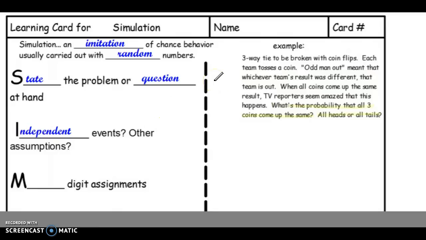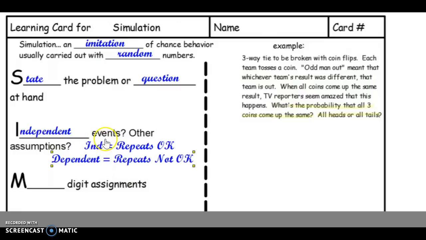If they are independent, then what we can say is that repeats are okay. I'll say that again: if the two events are independent, then repeats are okay. It's okay if you get the same number again when you are going through your simulation. If the events are dependent on each other, that means that repeat values are not okay.